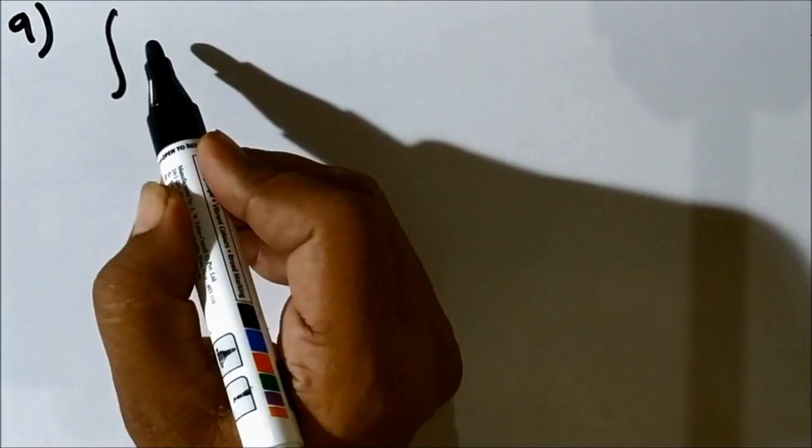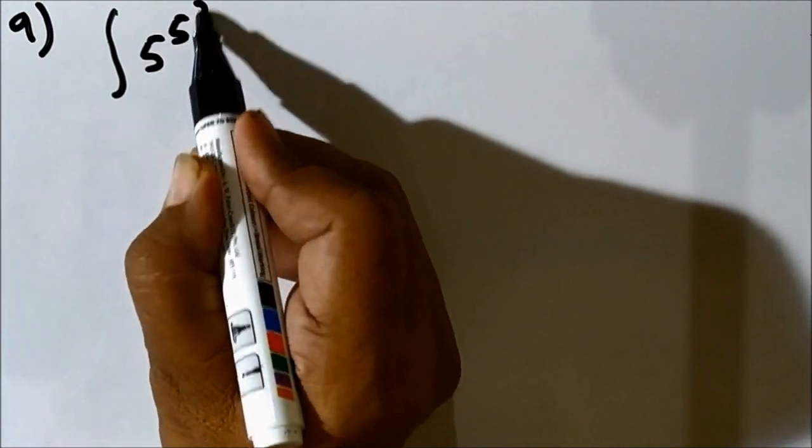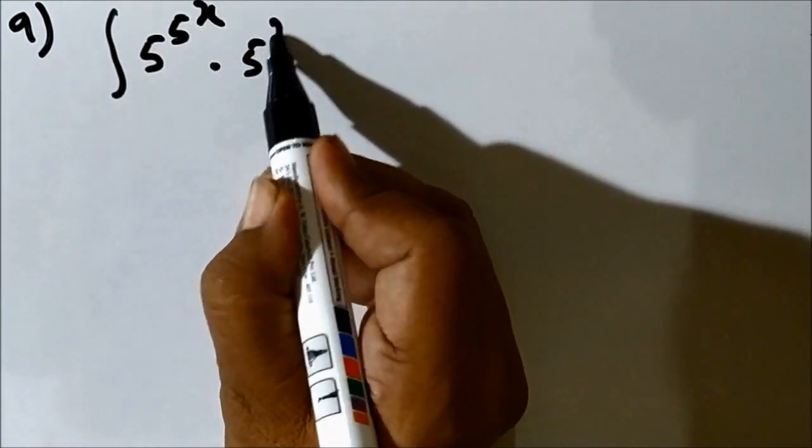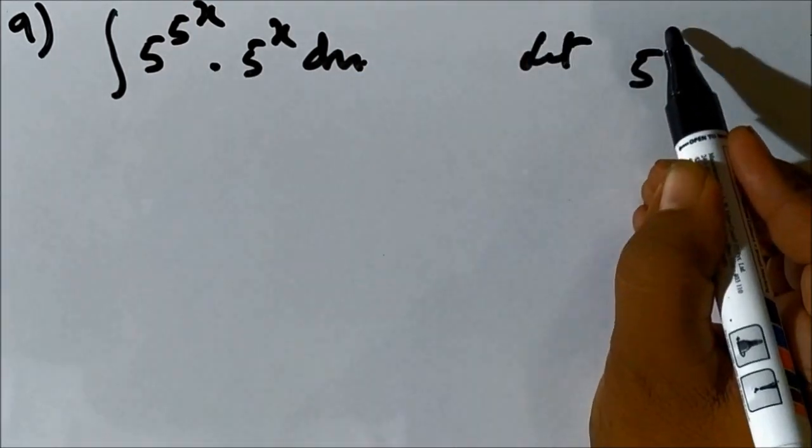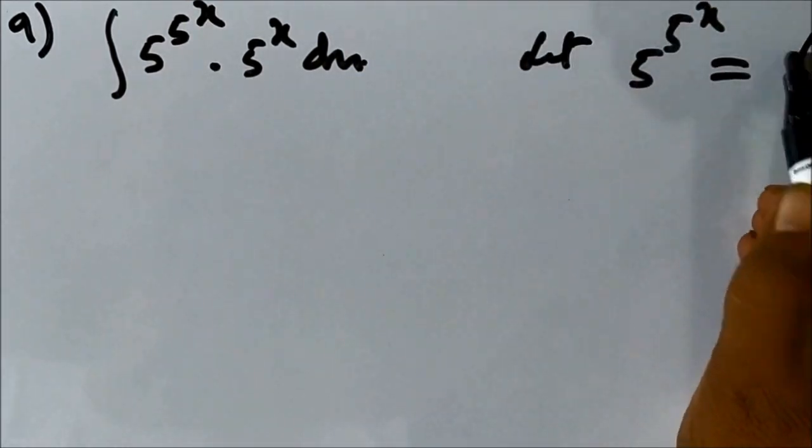Question number 9. Find the integral value of 5 to the power 5 to the power x into 5 to the power x dx. Let 5 to the power 5 to the power x equal to t.